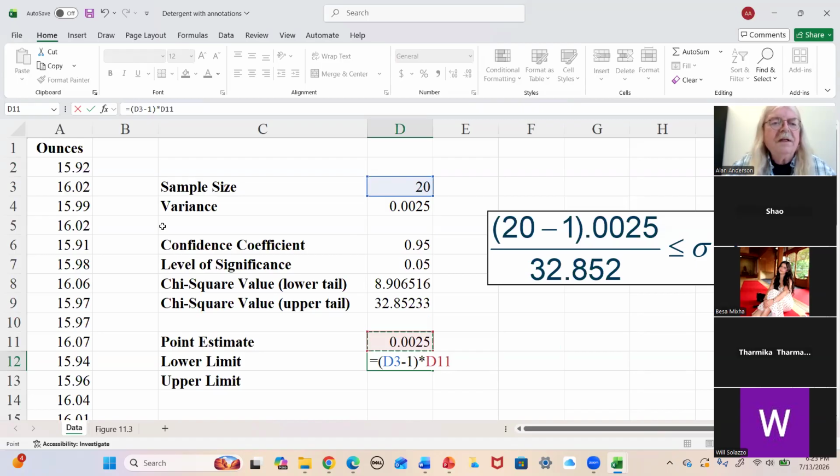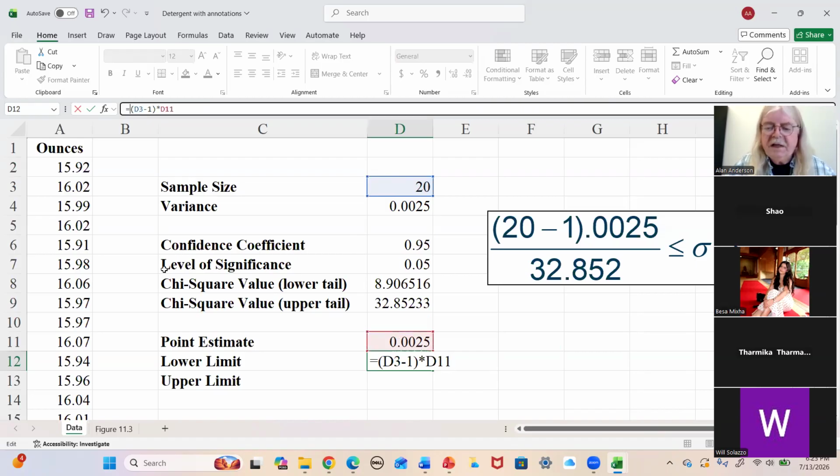Now we're going to need more parentheses here because there's an algebraic operation in the numerator. And then we can divide by the larger of the two critical values to make sure that this ratio is the smallest of the two.